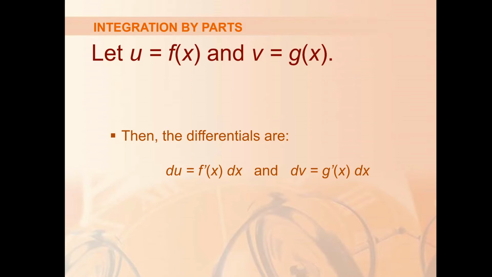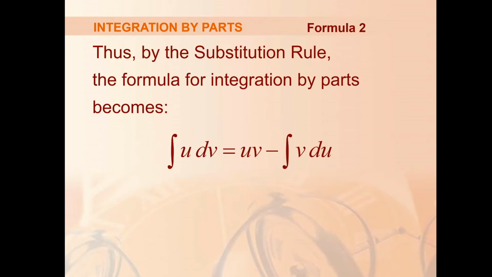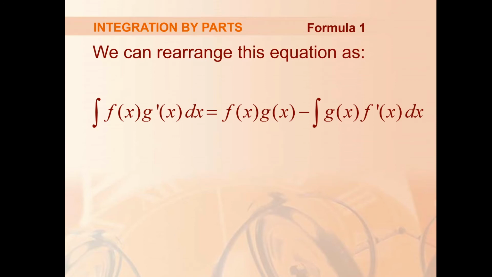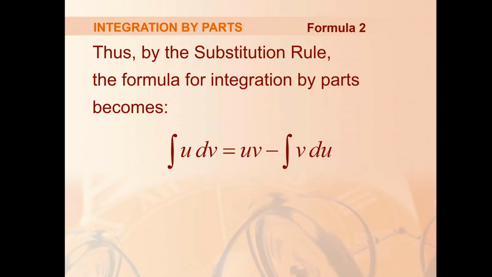Using the formula with the substitution rule, we end up with the integral of u dv equals uv minus the integral of v du, which is the same pattern as the previous one: the integral of f of x g prime of x dx is f of x g of x minus the integral of g of x f prime of x dx. Those two formulas are pretty much the same thing, but instead of f of x and g of x, we're using u and v.